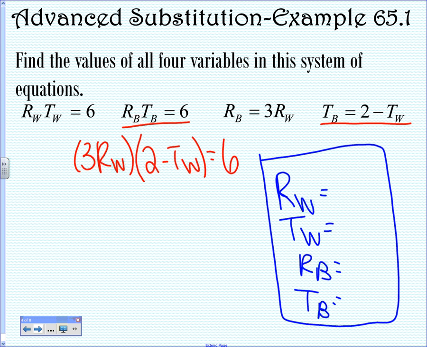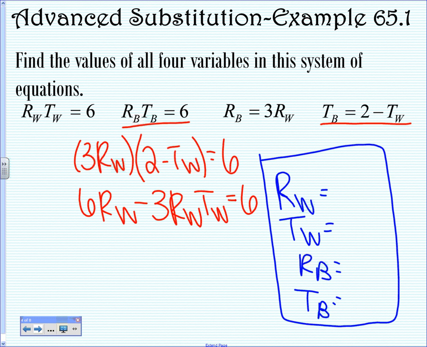Okay, so let's simplify this equation. What would you get? Okay, 6 RW minus 3 RWTW, which is distributed. Any questions on that part? Okay.